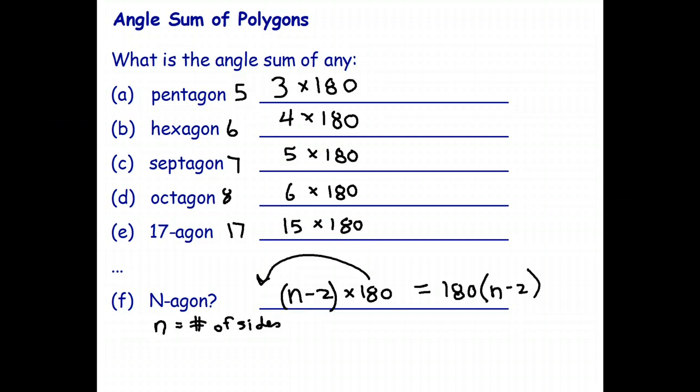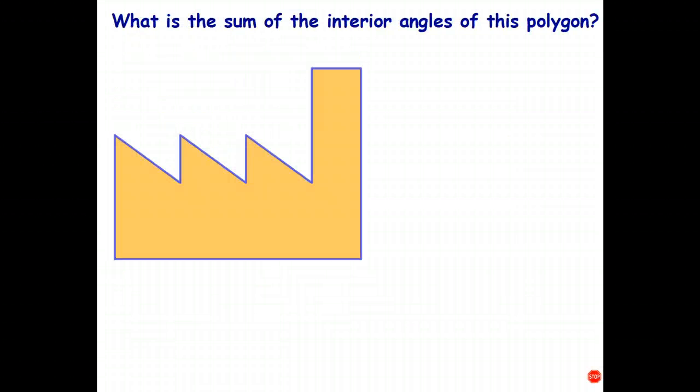Okay, one question for you to try. What is the sum of the interior angles of this polygon? Stop the video and have a go, please. Okay, let's go ahead and count up the sides. So we've got 1, 2, 3, 4, 5, 6, 7, 8, 9, 10.